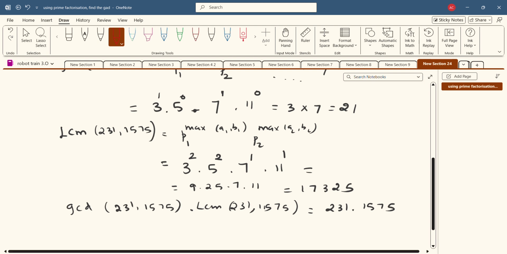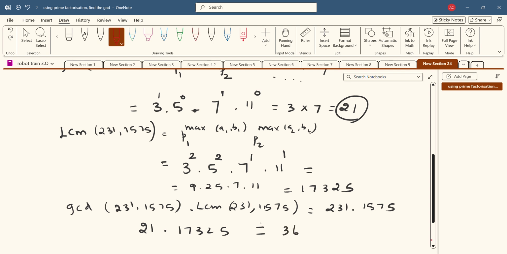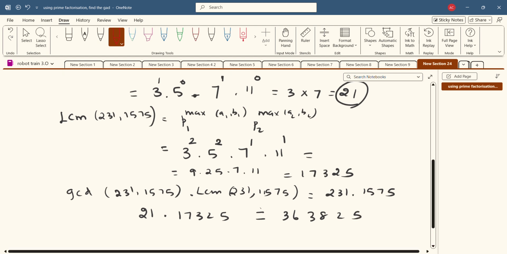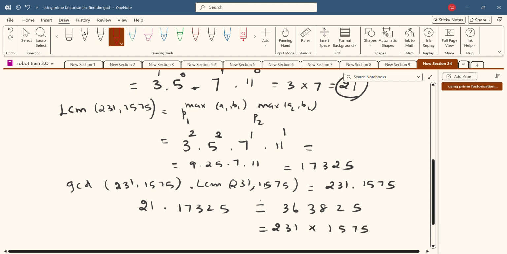The greatest common divisor of these two integers is 21, and the LCM is 17325. When you multiply 21 into 17325, you get 363825. This is the same as 231 into 1575. Hence the result.